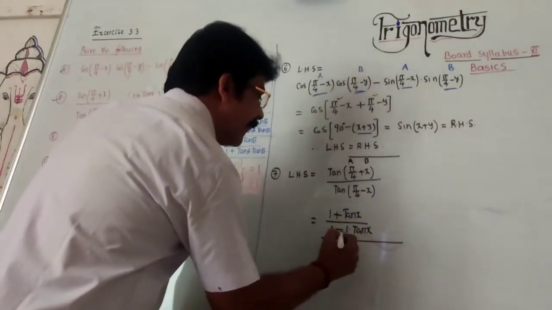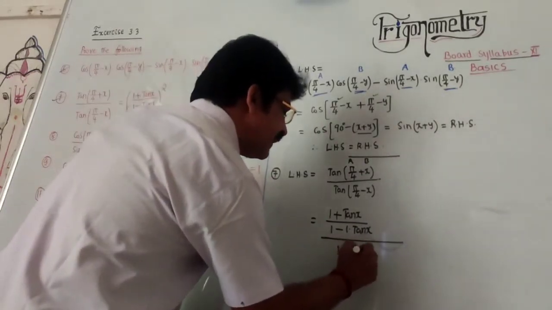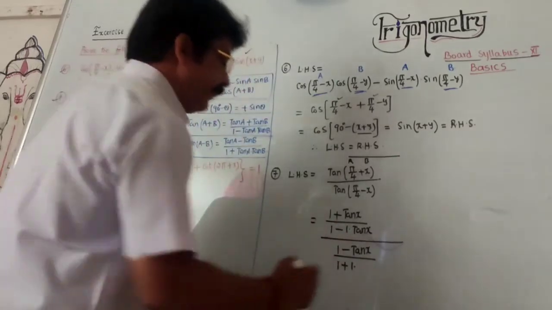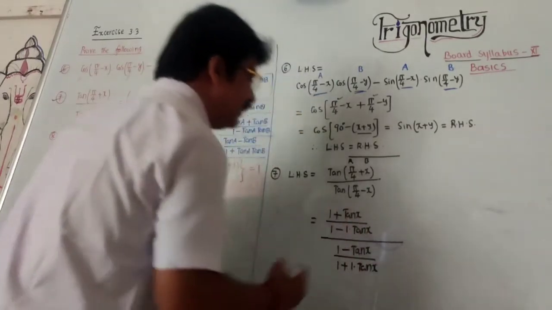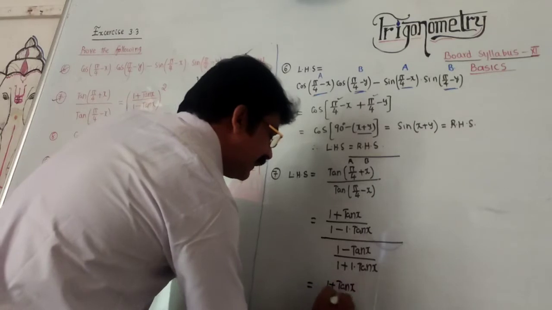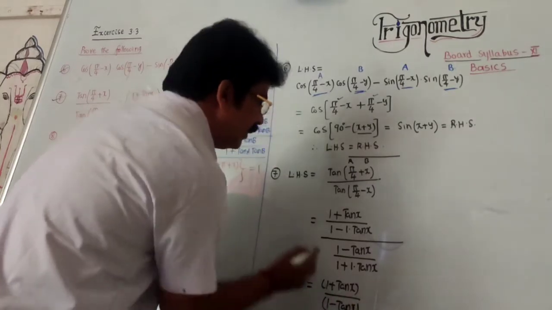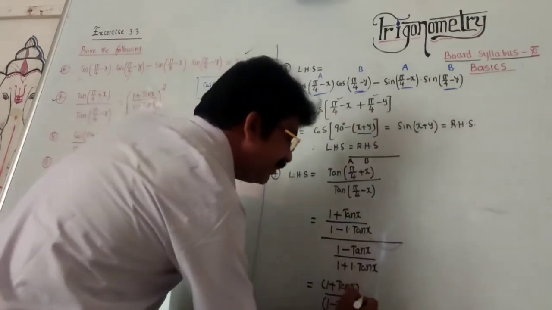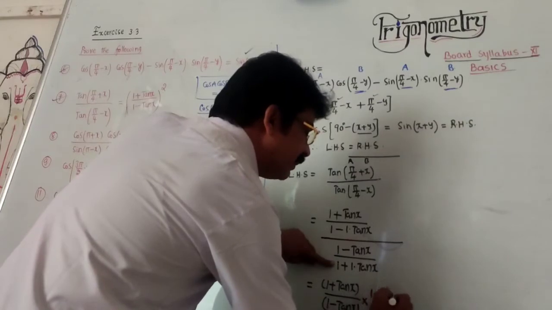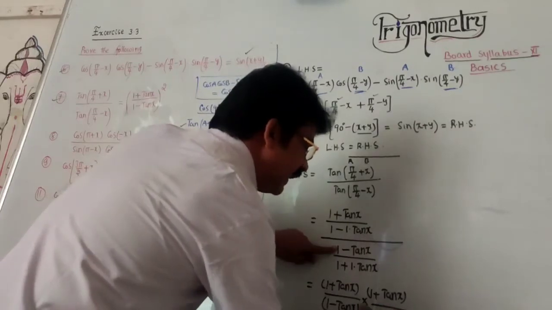So tan A means tan 45 degrees, 1, so (1 - tan x) divided by (1 + tan x).